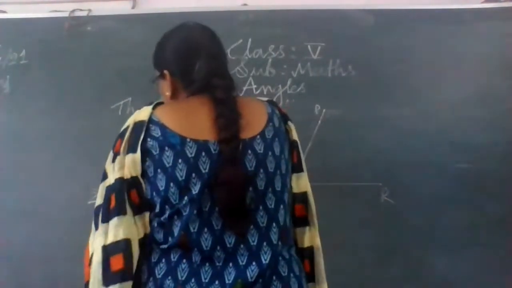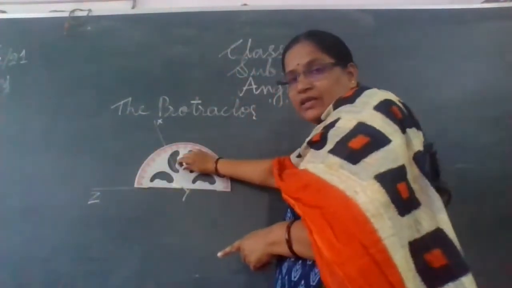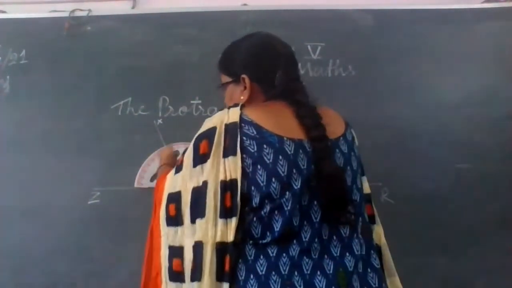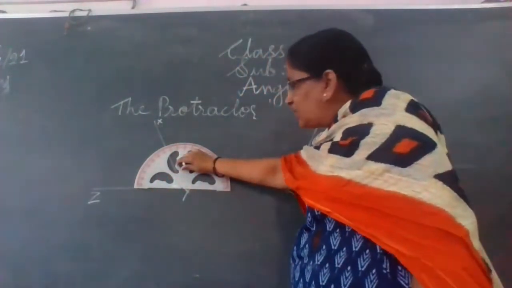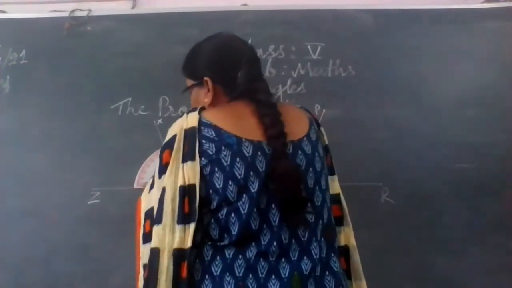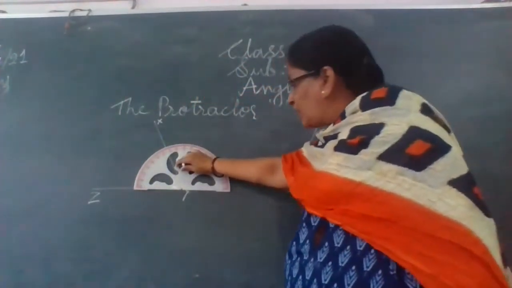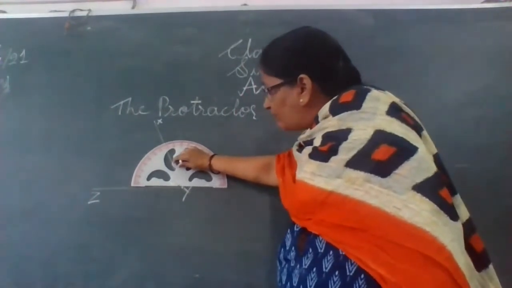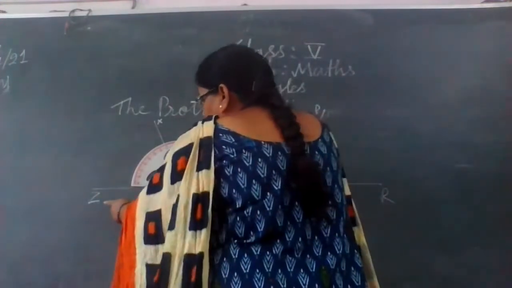Now see beta here, the angle. See, one scale is clockwise and the other scale is anti-clockwise. Now see, we will start from the 0 that matches on the baseline, the base arm of the angle. So what is the base arm of the angle?